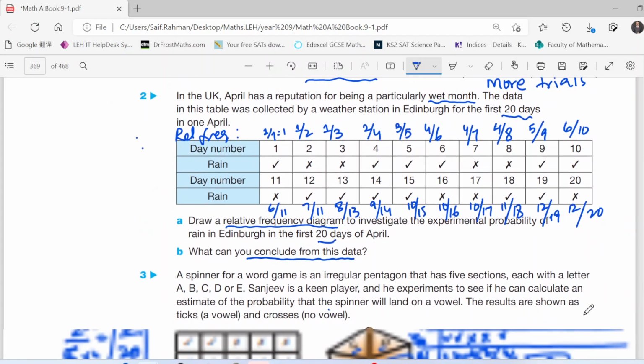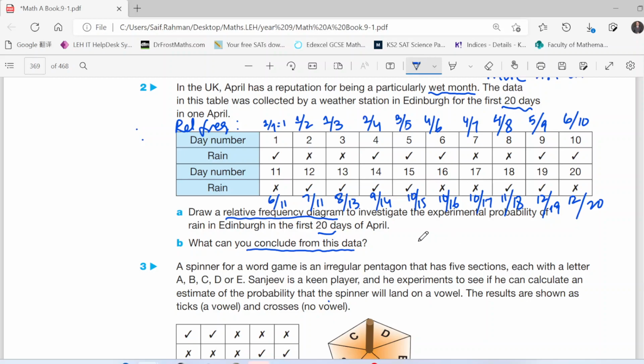The final probability, you have to plot for all these values, right? So I'm just leaving it to save time.